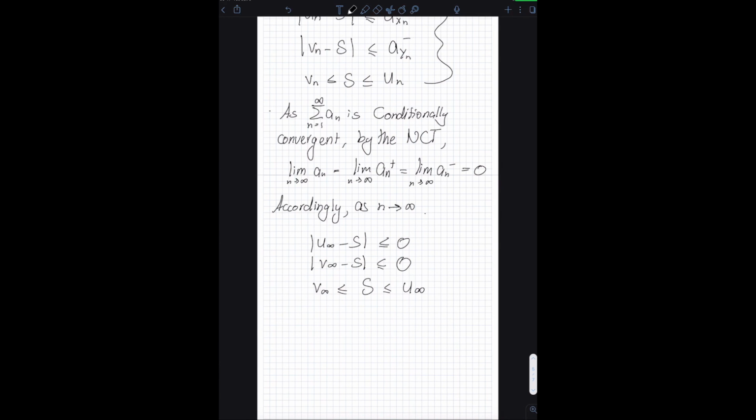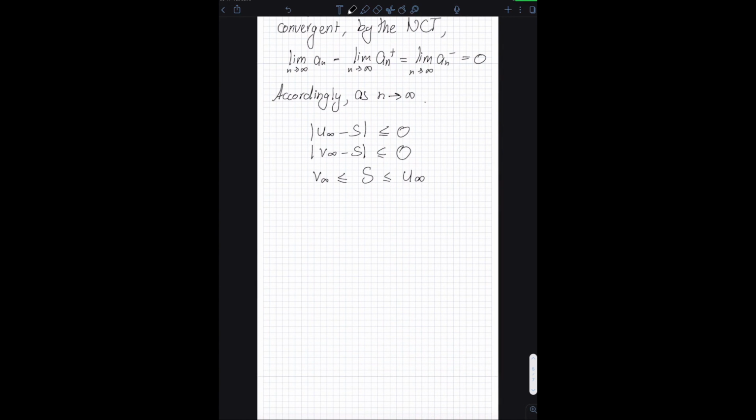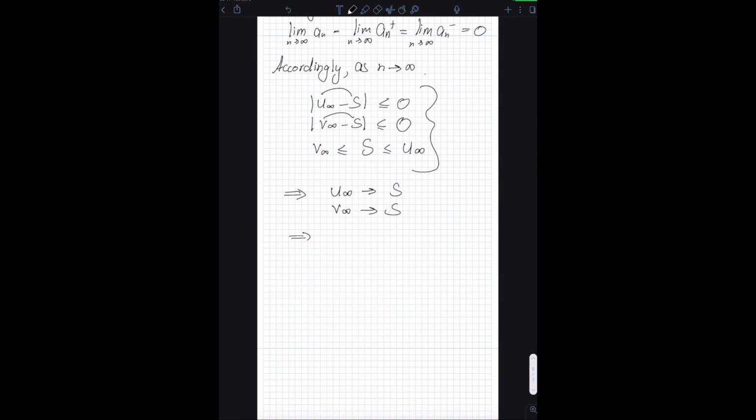This needs to hold, but together, this implies that if I let n approach infinity, u of infinity tends to S, and v of infinity also tends to S, because the distance between them approaches 0. In other words, S equals u of infinity, which equals v of infinity.